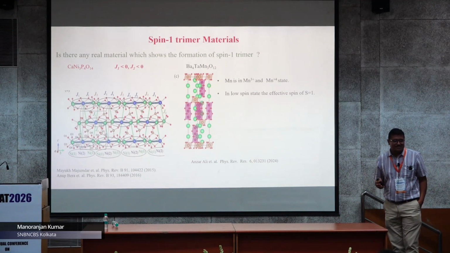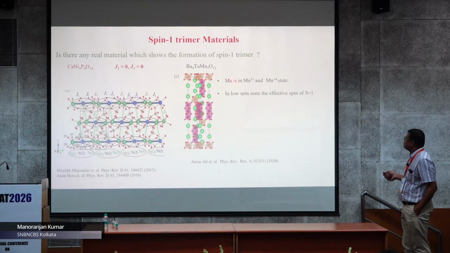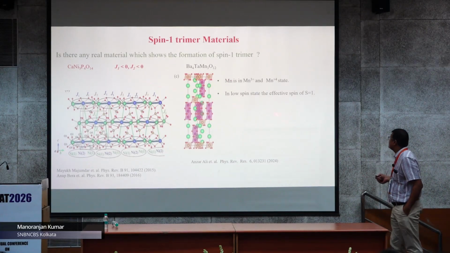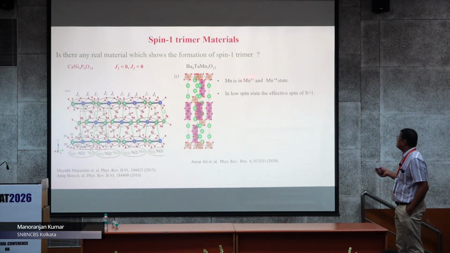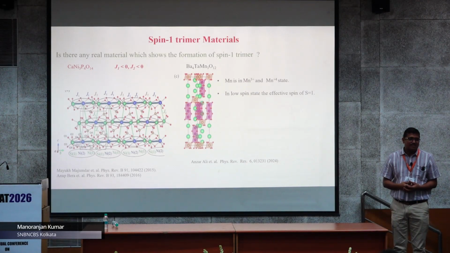We don't want J3. Similarly, there are groups from Japan who are also forming this particular compound. The unfortunate thing is that these are again effectively behaving as spin 1, but because of this mixed valency, there will be spin fluctuations.